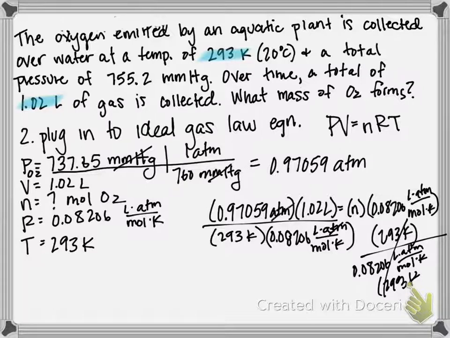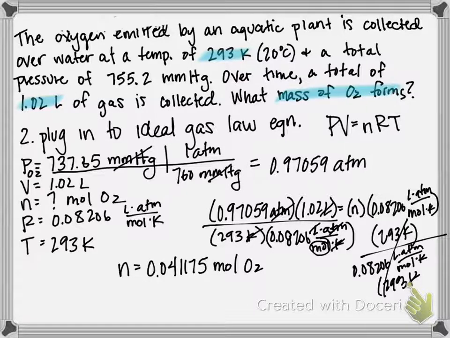Atmospheres will cancel, liters will cancel, Kelvin will cancel. I'll be left in units of moles, which is what I'm looking for. So currently, after rearranging and solving the ideal gas law equation, I get that my mole amount is 0.041175 moles of oxygen.